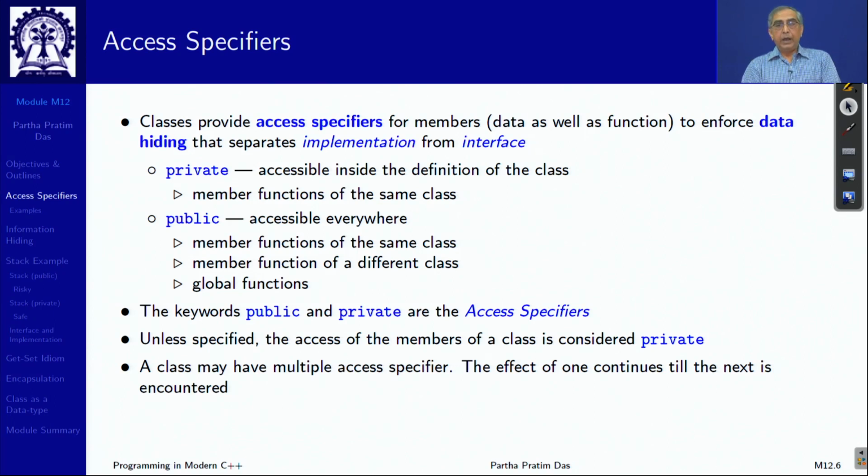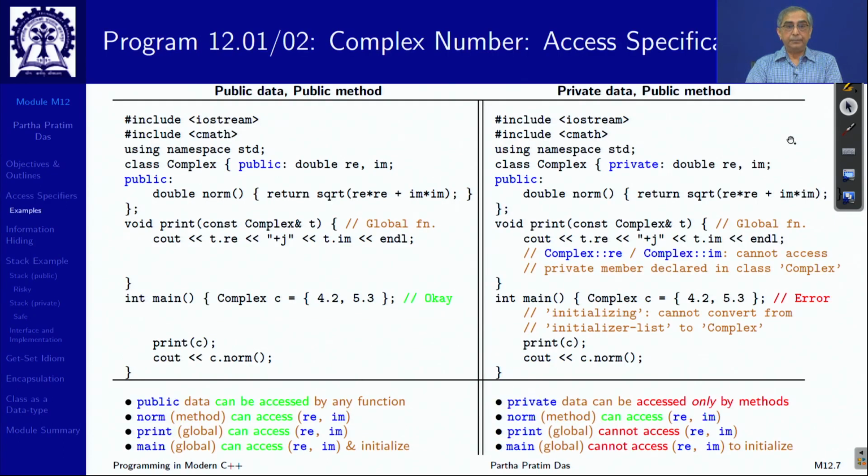This is something which will be used to enforce data hiding, to separate implementation from interface. We will see what that means. Public and private both are keywords and are used before the name of the data member or member function. The example will clarify things very clearly.